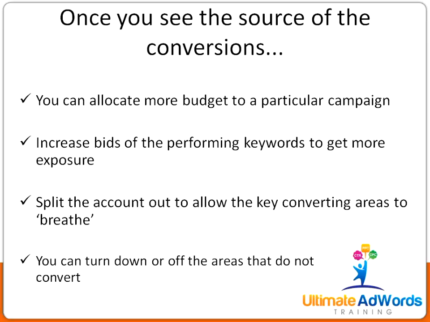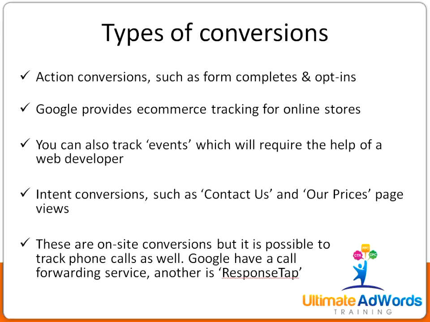An example of that might be splitting out some of the highest performing keywords and putting them into their own ad groups and campaigns, rather than being in the same campaign with lots of other keywords which are all taking their share of the daily budget. By splitting them out on their own means you can allocate budget to those keywords specifically. You can then turn down or off the areas that do not convert.